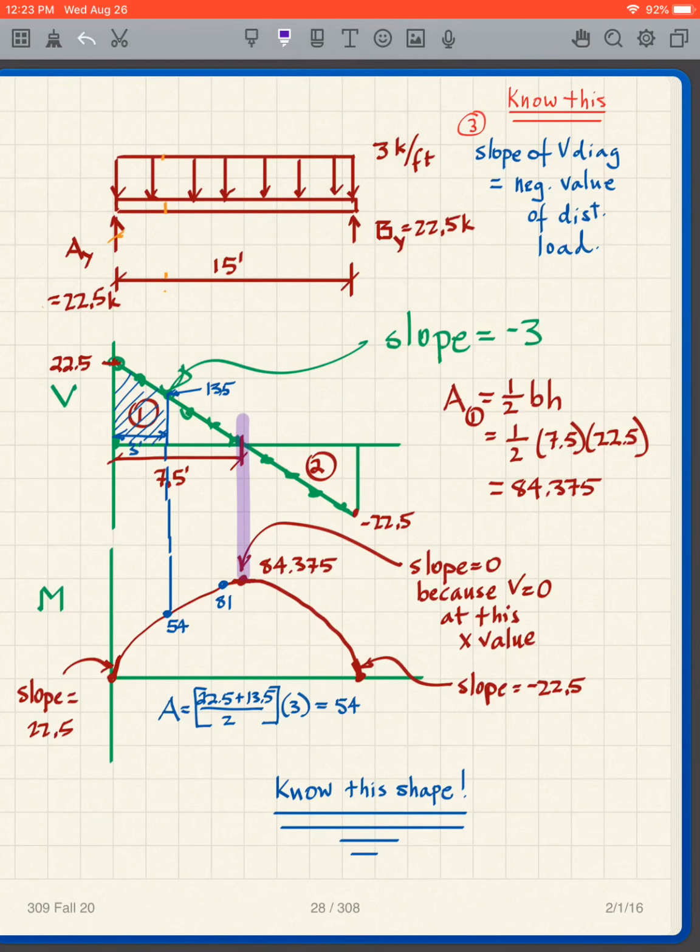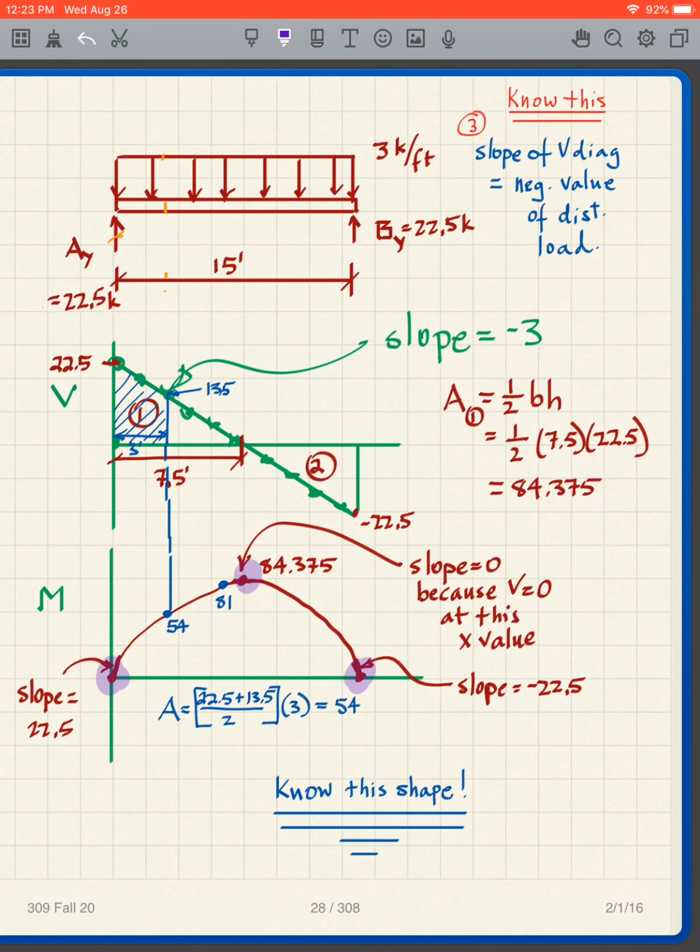So now I have 3 points on my moment diagram. I've got that point, that point, and that point. How do I fill it in? Well, the way to do it is to recognize again that the slope of the moment diagram is equal to the value of the shear.